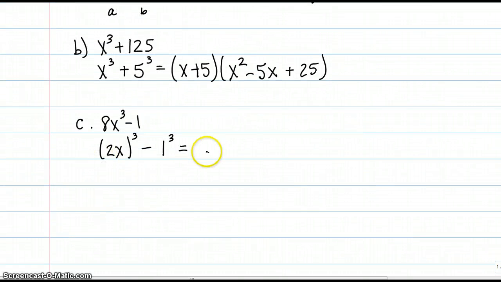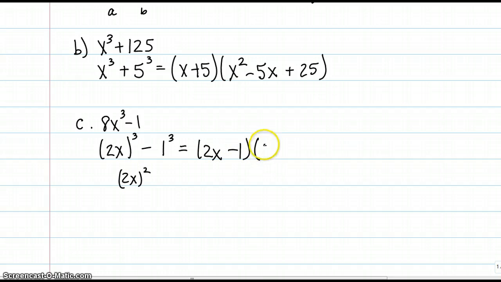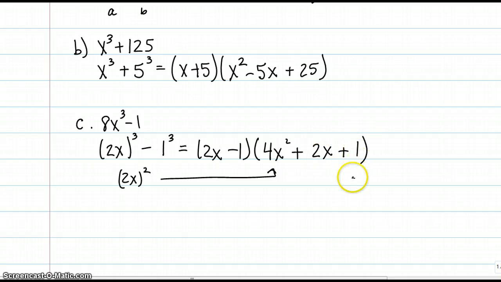So in this case, a is 2x minus b times, so a squared is 2x squared, which is equal to 4x squared if we apply our exponent rules, plus ab is just 2x, plus b squared is 1. So our answer here is just 2x minus 1 times 4x squared plus 2x plus 1.